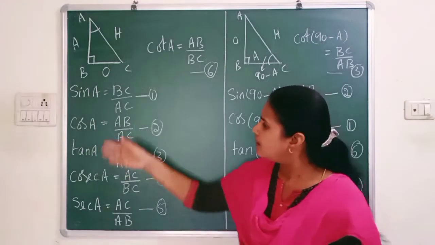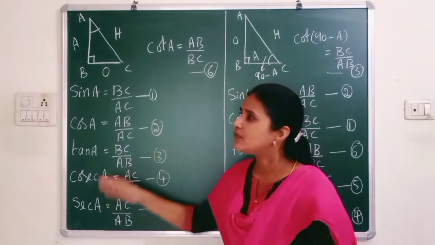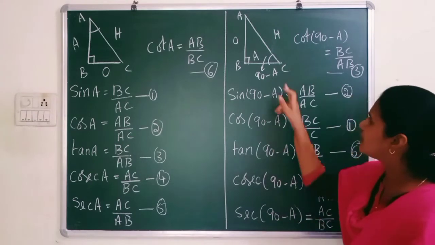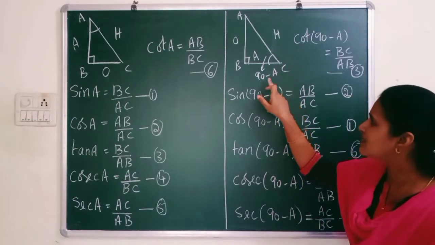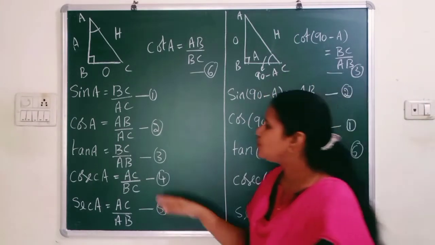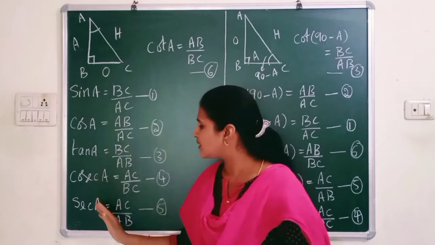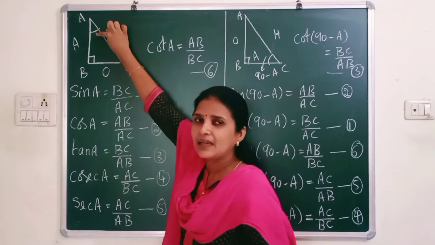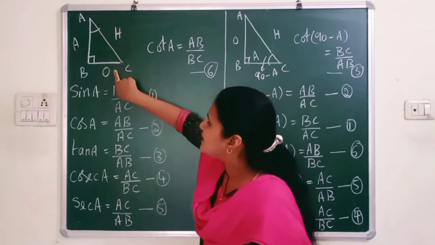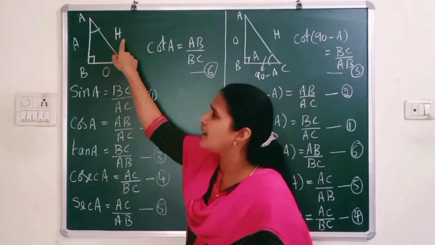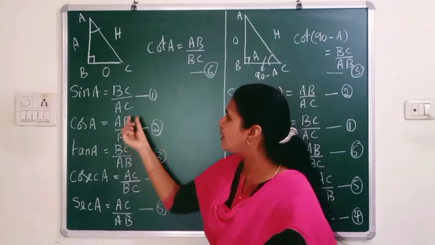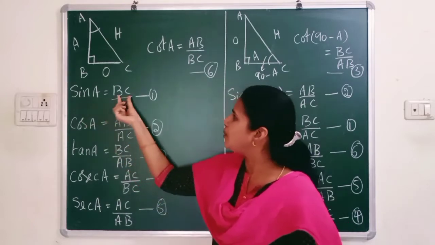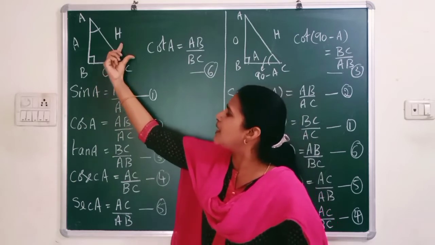The 6 trigonometric ratios are sine, cos, tan, cosec, secant, cot, and I am taking angle A as the acute angle. So BC is opposite, AB is adjacent and AC is hypotenuse. Sine A is opposite by hypotenuse, that becomes BC by AC.